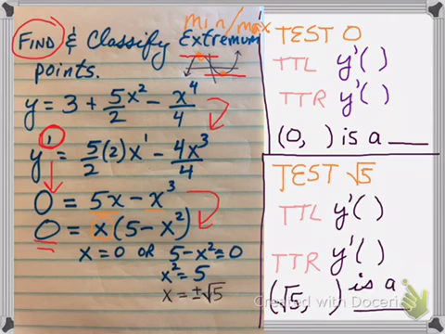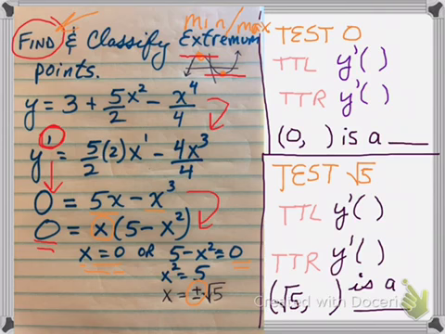Factor out an x, and I'm left with x times 5 minus x squared. So I actually get three different solutions. x equals 0 is one of them. If I set 5 minus x squared equal to 0 and solve for x, and square root both sides, I end up getting plus or minus root 5. So I actually have three extrema points. So I have found them.